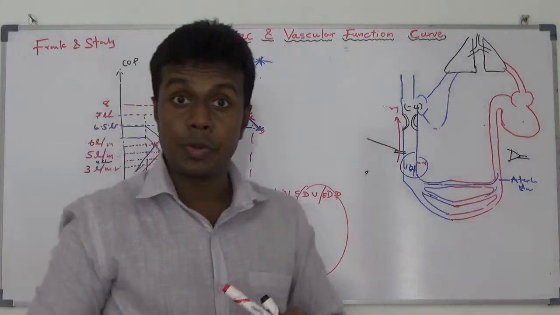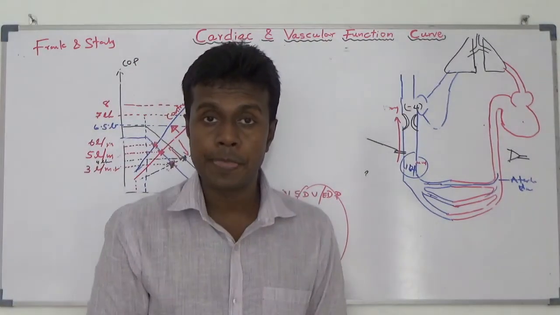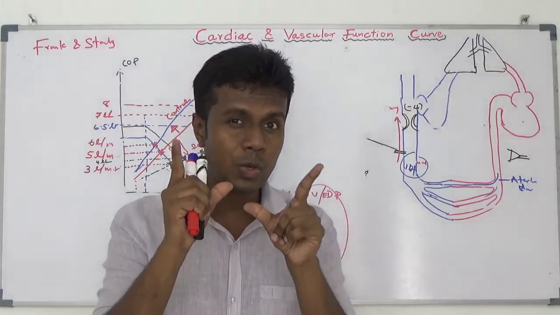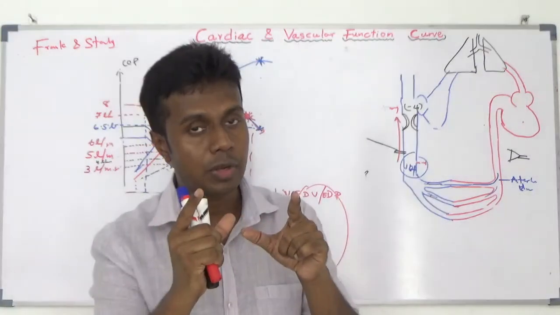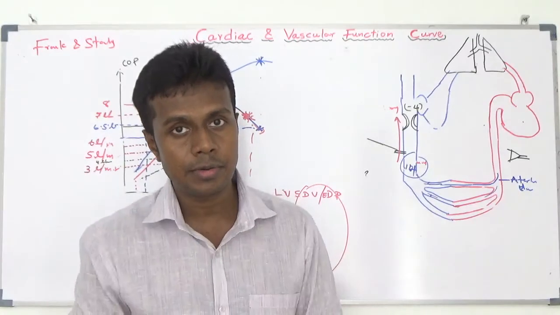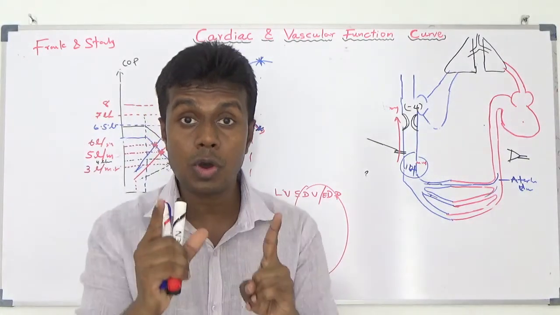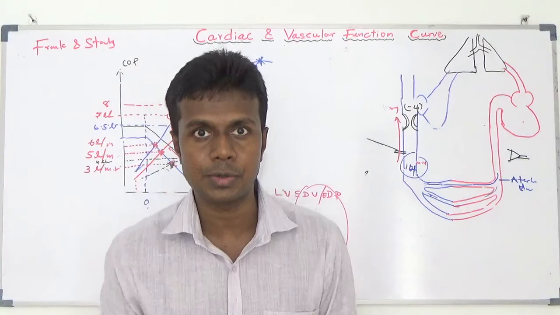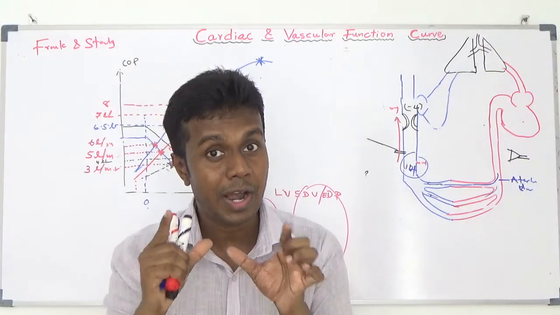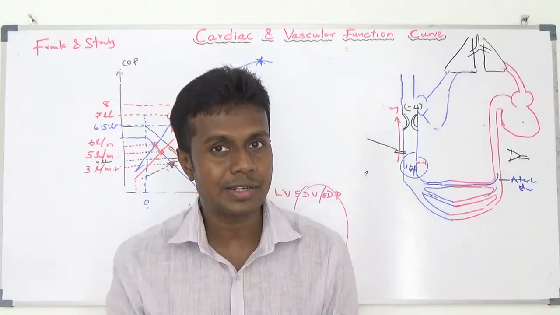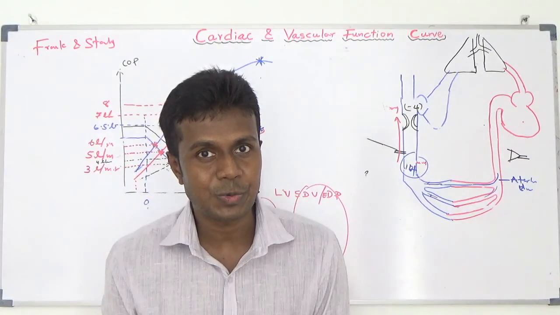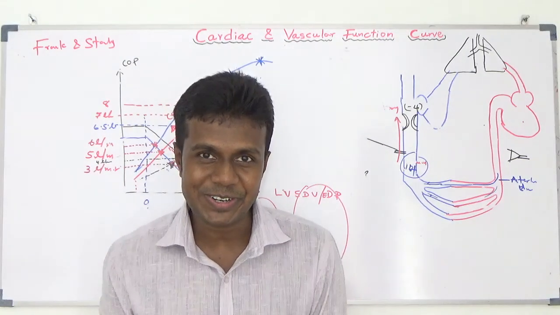So you should be very careful when you are giving fluid. You should have a very good idea, very good knowledge about where your patient is on the Frank-Starling curve and where your patient is on the vascular function curve. That is all regarding IV fluid and the Frank-Starling curve and vascular function curve, or cardiac function curve. Thank you very much.